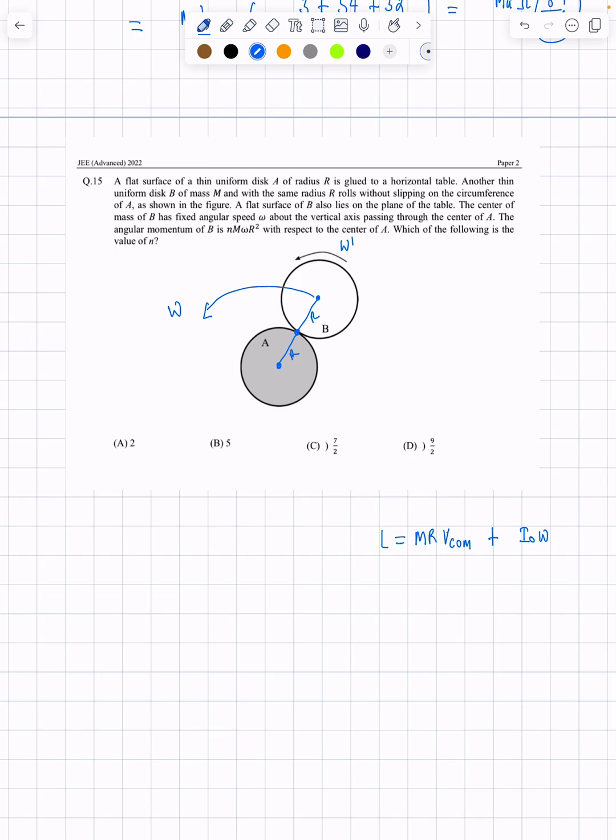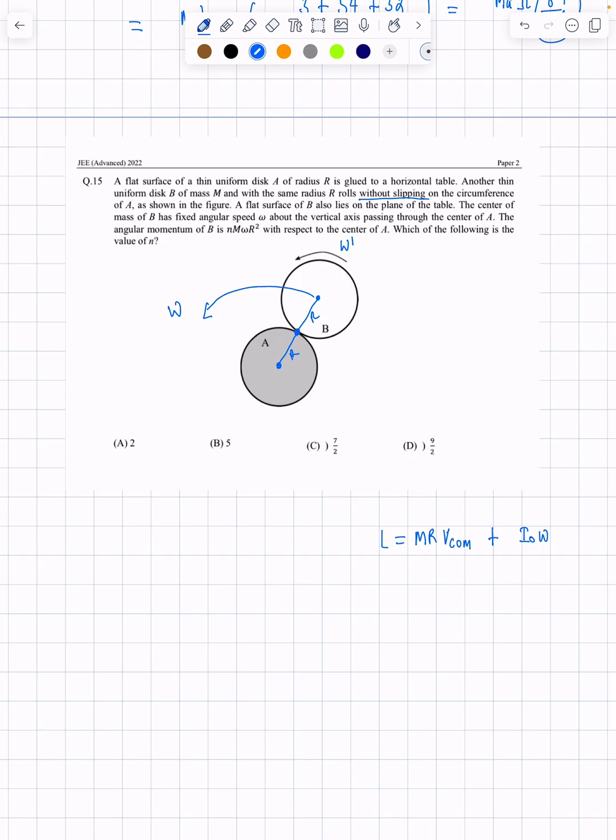There are many ways to find omega prime. I will use the fact that B is rolling without slipping. So what it means is the point of contact between the two surfaces is at instantaneous rest, meaning the net velocity is zero.